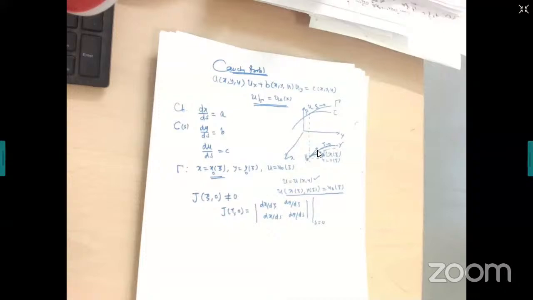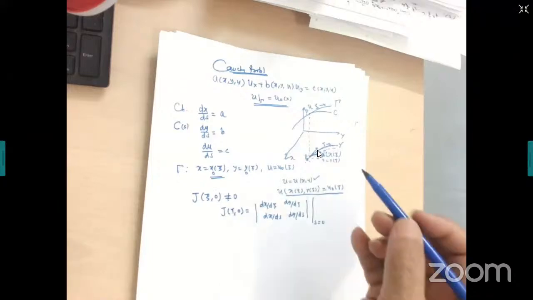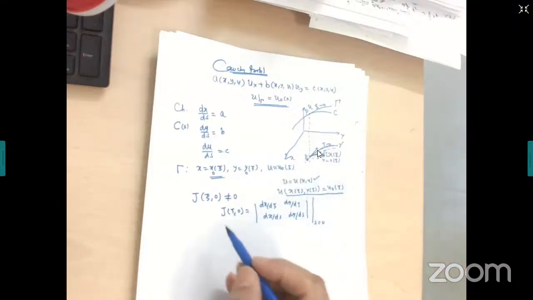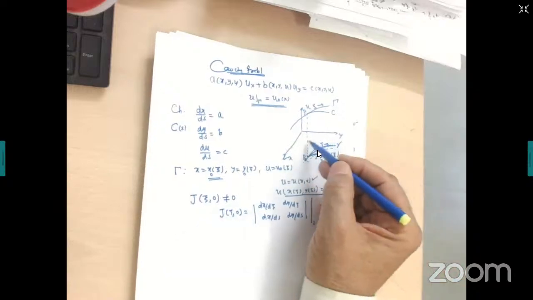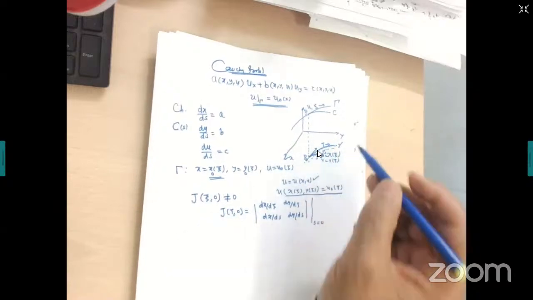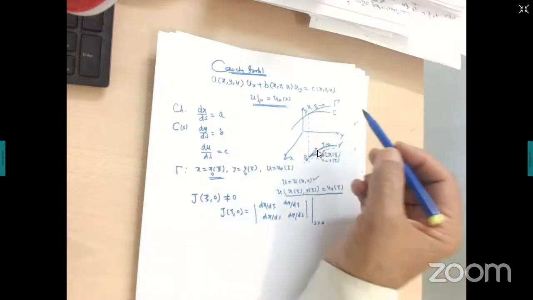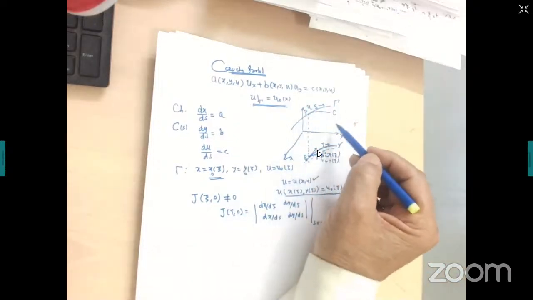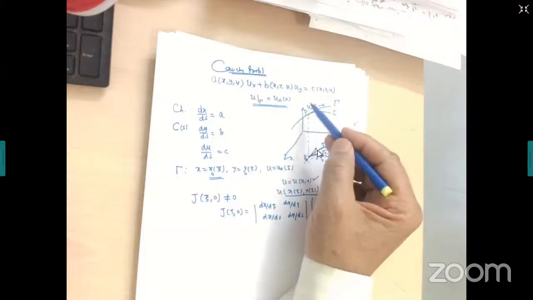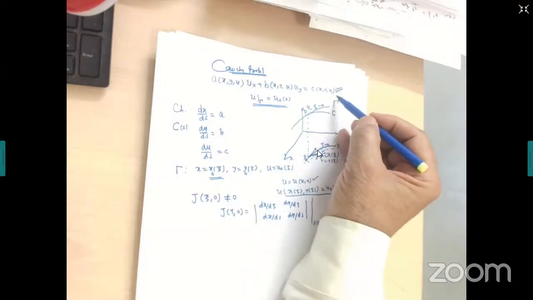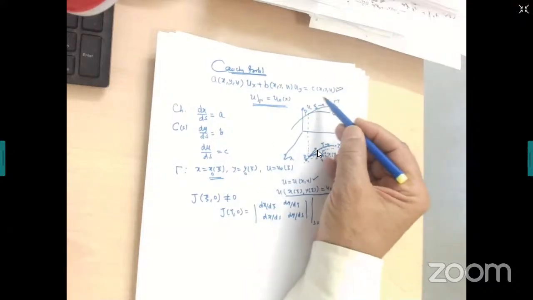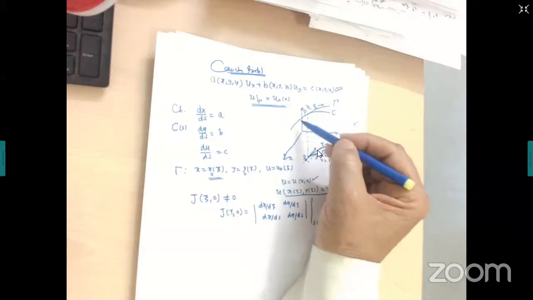But if j is not equal to 0, what is the result? We noticed that if j is different from 0, then a unique solution to this problem exists. This assertion is equivalent to the statement that this partial differential equation has a unique solution containing this space curve gamma.